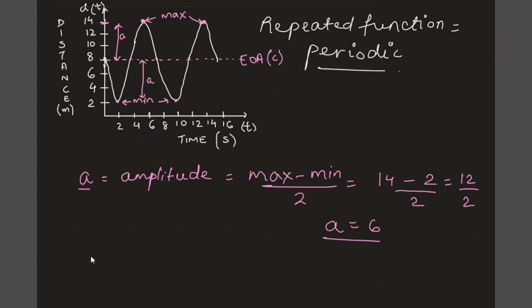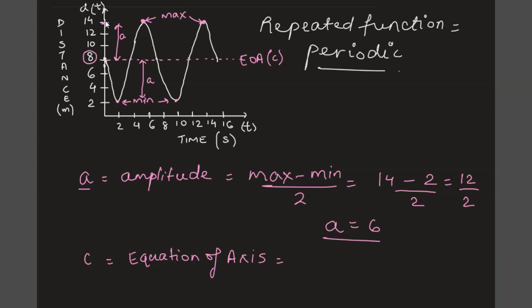Let's say we want to find out C, the equation of axes. One way is to just read it from the graph. We can see from the graph that your equation of axes is drawn at 8. But sometimes this is not clearly read on the graph, if the graph is in decimals or something like that.